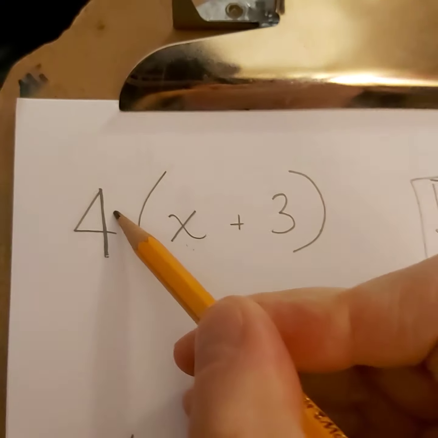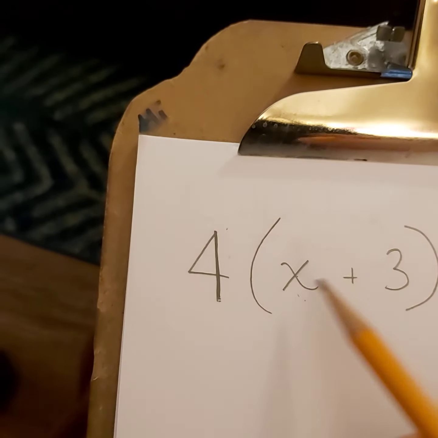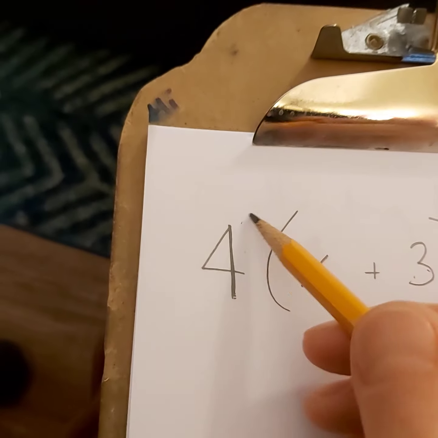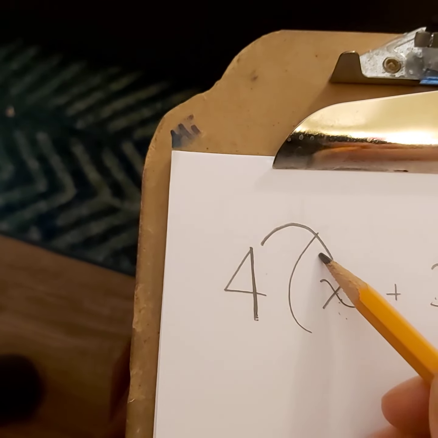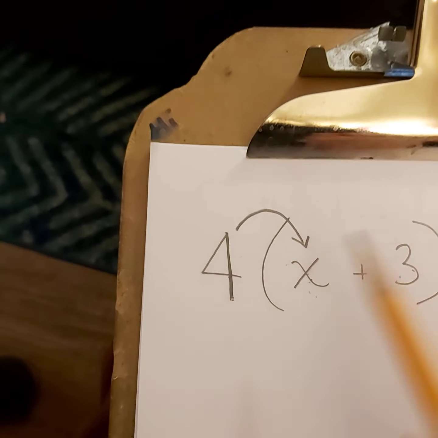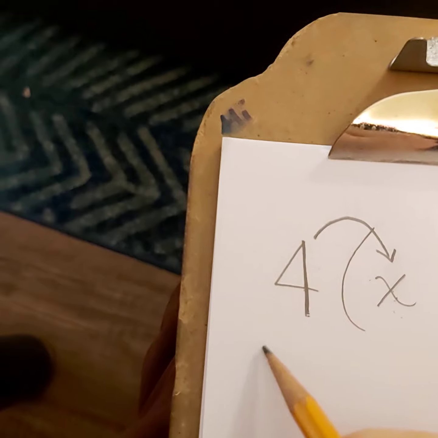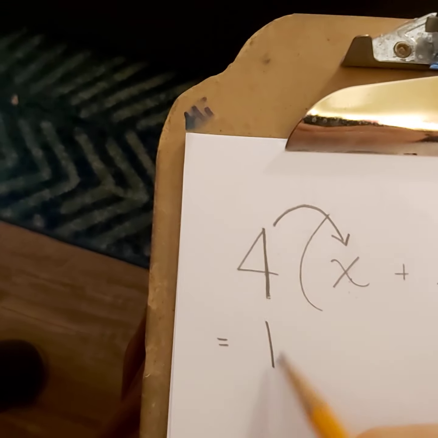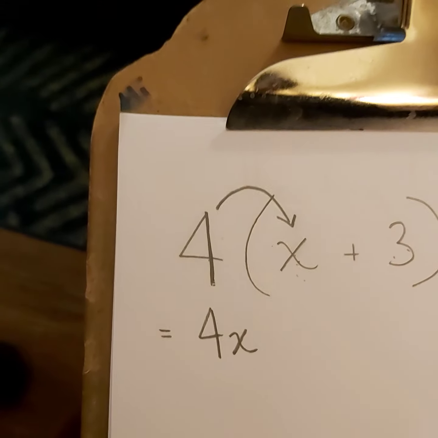What I have to do is take this number on the outside of the bracket and multiply it by both of the numbers that are inside the bracket. Okay, separately though. So the first thing I need to do is 4 times x. Again, I can't answer that because I don't know what x is. So underneath, I would just simply write 4x or 4 times x.